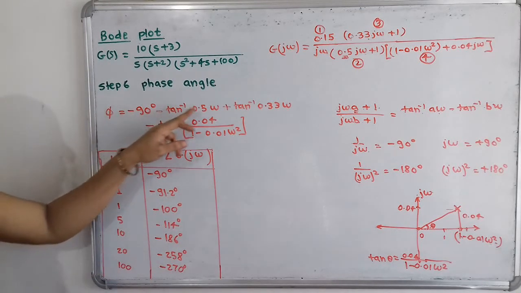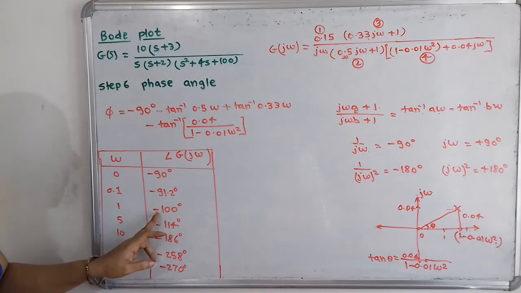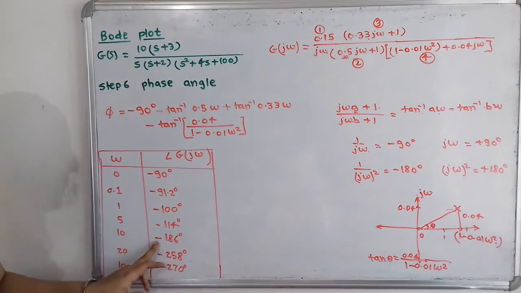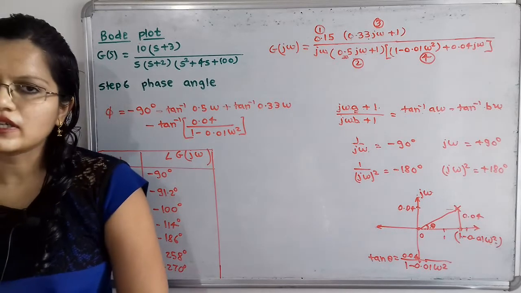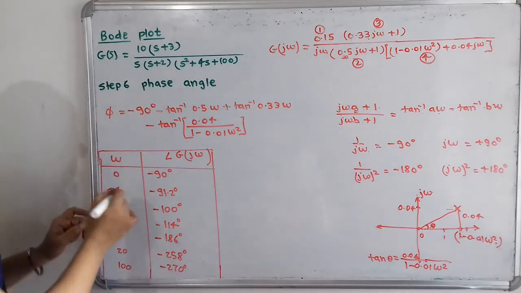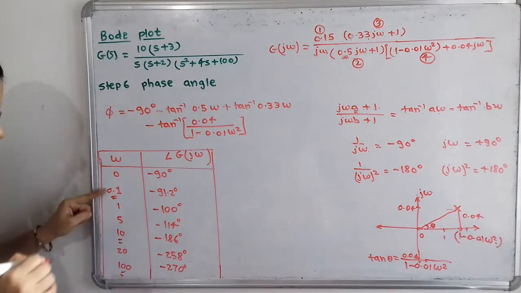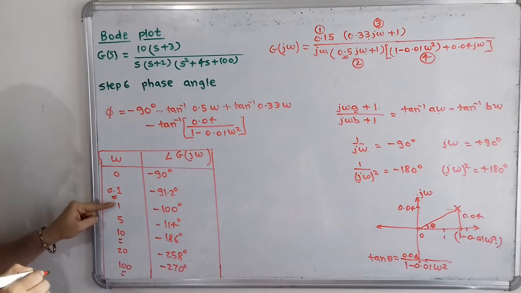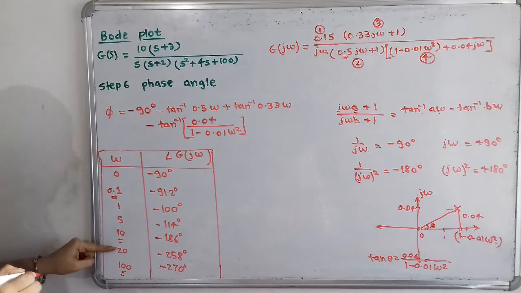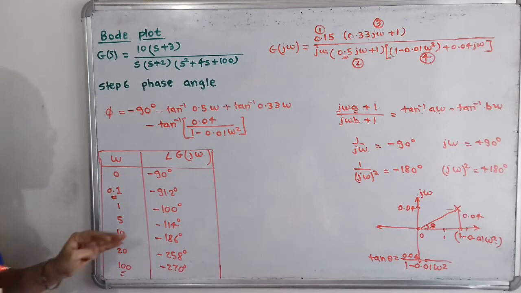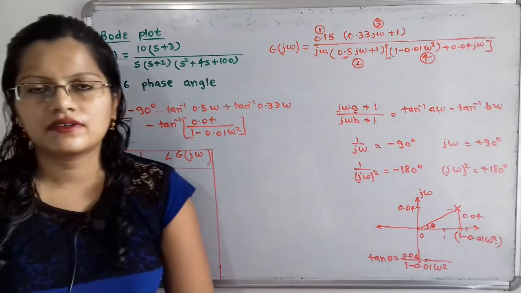Then when we put omega equal to 1, then minus 100 degree, 5, minus 114 degree, 10, minus 186 degree, 20, minus 258 degree, and 100, minus 270 degree. Now if we observe this 0.1, then here 10, then this 100, these are the corner frequencies. So we have to select any corner frequencies in between that, randomly, to draw the graph.